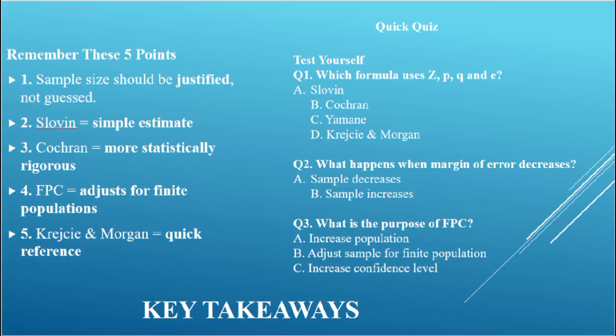So the answer to the first is Cochran formula. The answer to the second: the required sample size generally increases because the researcher wants greater precision. And the answer to the third question is to adjust the sample size when the population is finite and known. If you got all 3 correct, you have understood the core concept of today's lecture.